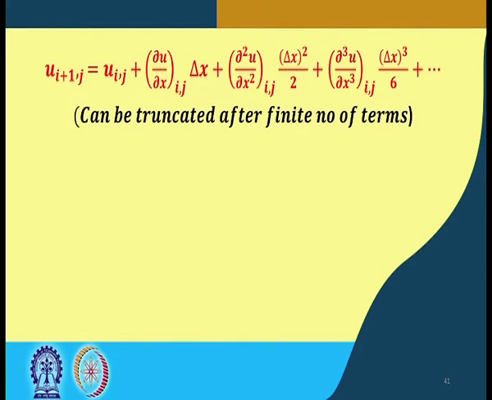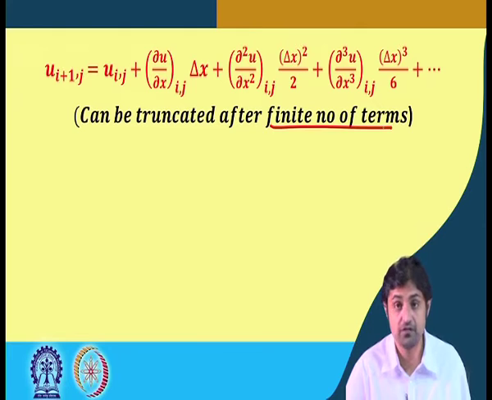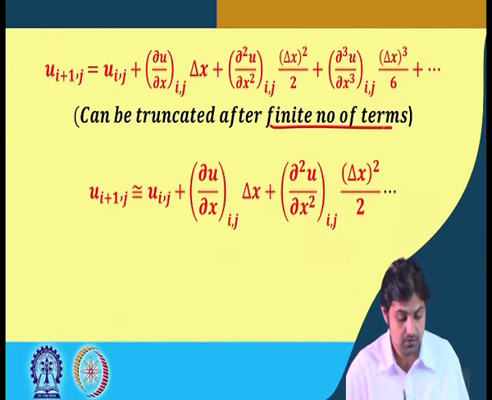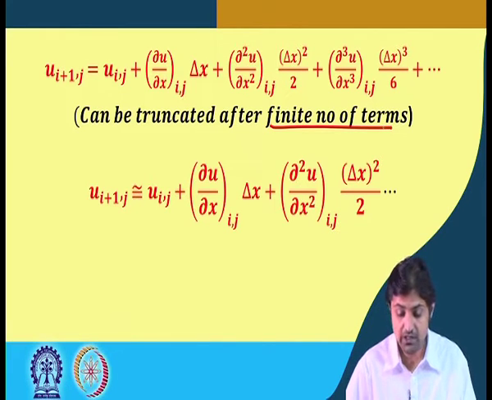So, this actually can be truncated after a finite number of terms. I mean, we can decide 3 terms or 4 terms or 5 terms. So, we have decided to truncate it after 3 terms.